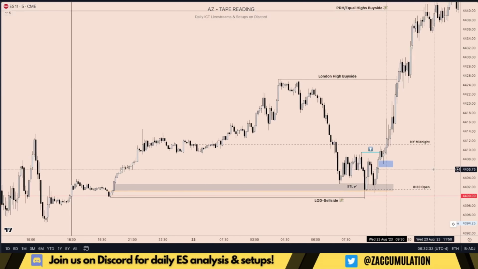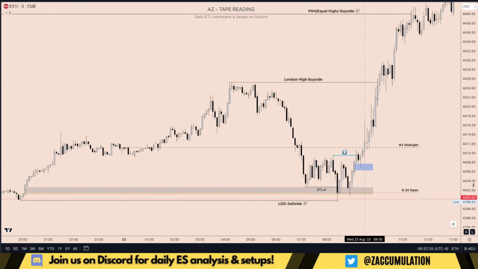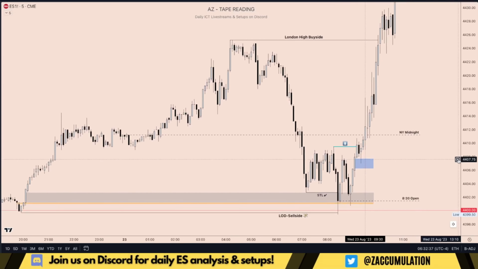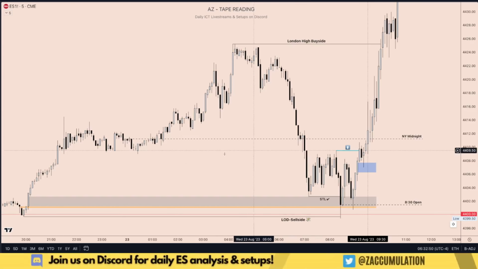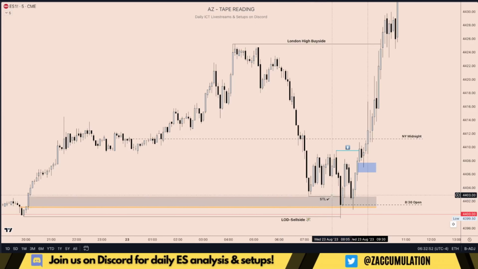So at this point in time, I do not anticipate anything, but I'm simply aware that we could clear this higher time frame point of interest, also power of three wise, if we clear that sell side and get a reversal setup down here, a YouTube model. We could potentially see the low of the day being put in place here for a continuation to the upside.